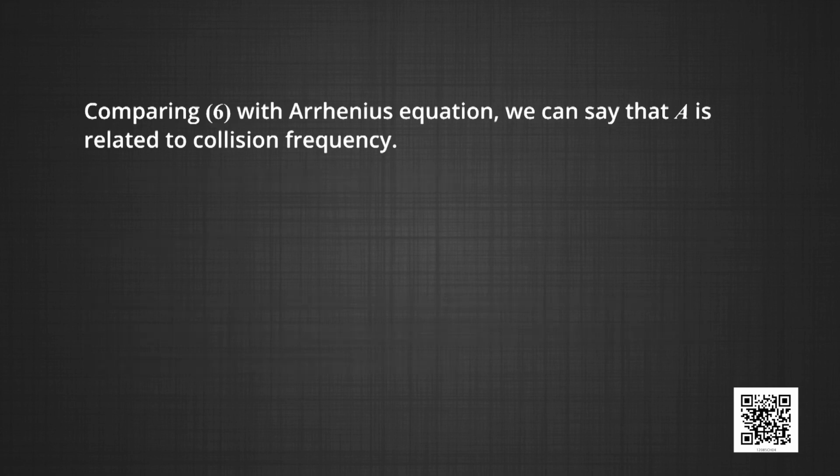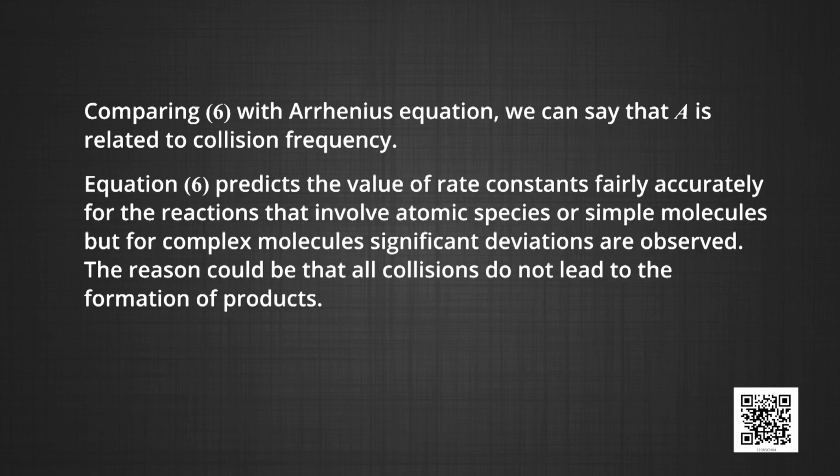Comparing equation 6 with the Arrhenius equation, we can say that A, the Arrhenius factor, is related to collision frequency. Equation 6 predicts the value of the rate constants fairly accurately for reactions that involve atomic species or simple molecules, but for complex molecules, significant deviations are observed.